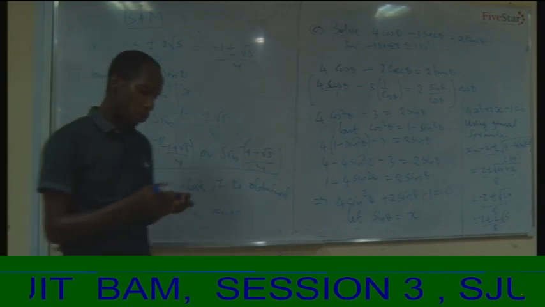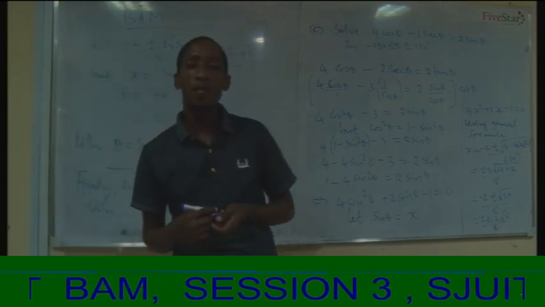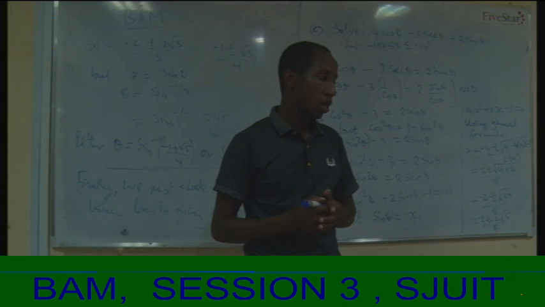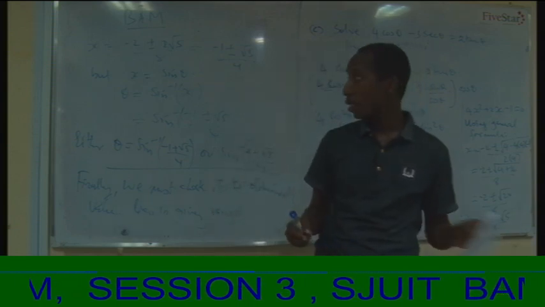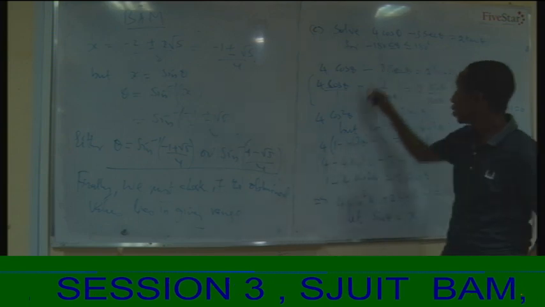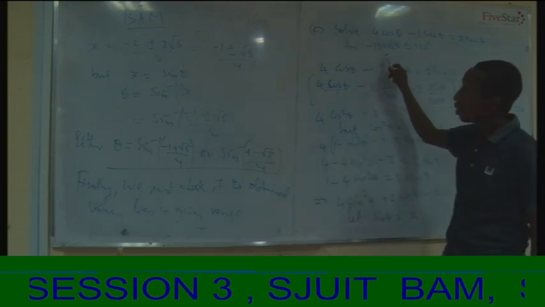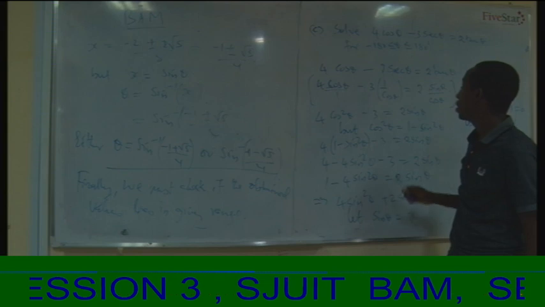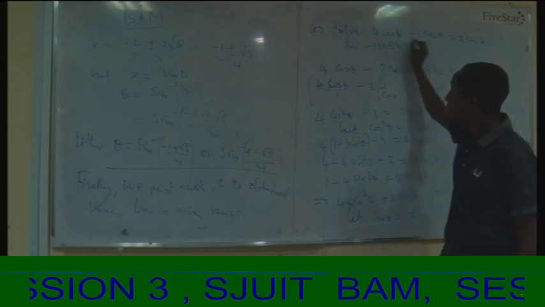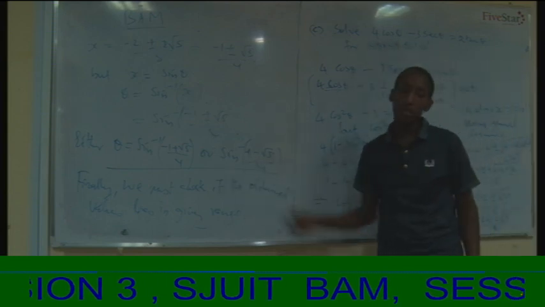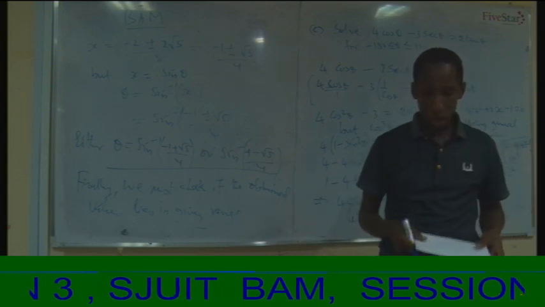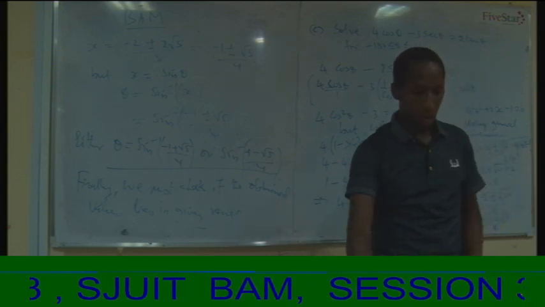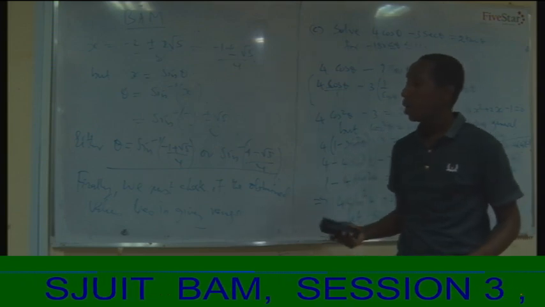All the solutions which lie out of the given range will be omitted in our case. So we need to check the values which lie in the given range. The range here is negative 180 up to 180 degrees. So any solution obtained out of this range will be omitted.